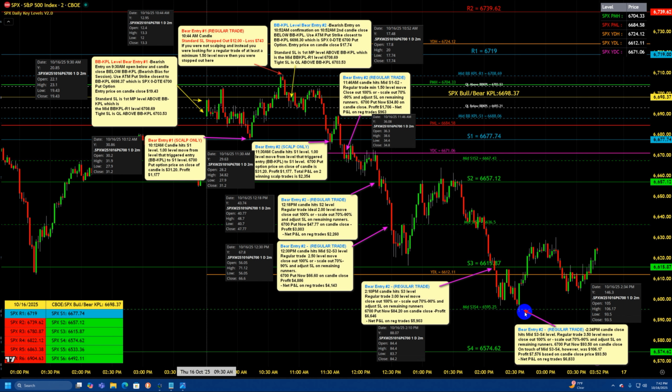As you can see here on the candle close, this candle did have quite an upward thrust after touching this mid S3, S4 level. But just to be consistent here, we're going to go on the close. On the close, it's $93.50, as I pointed out here.